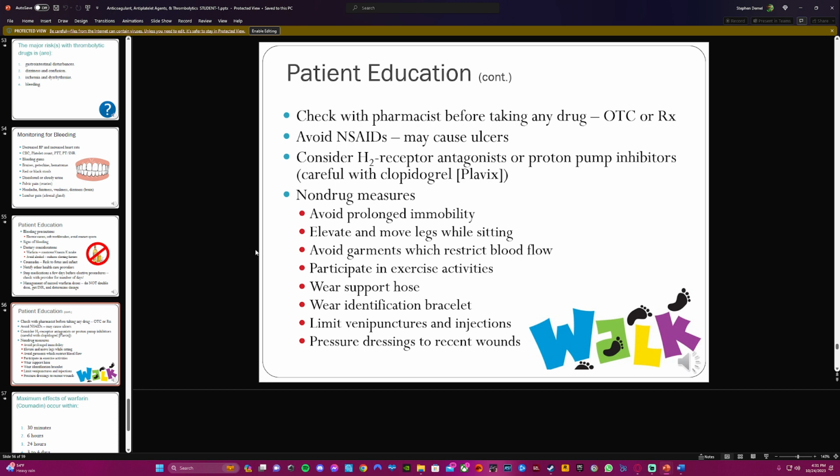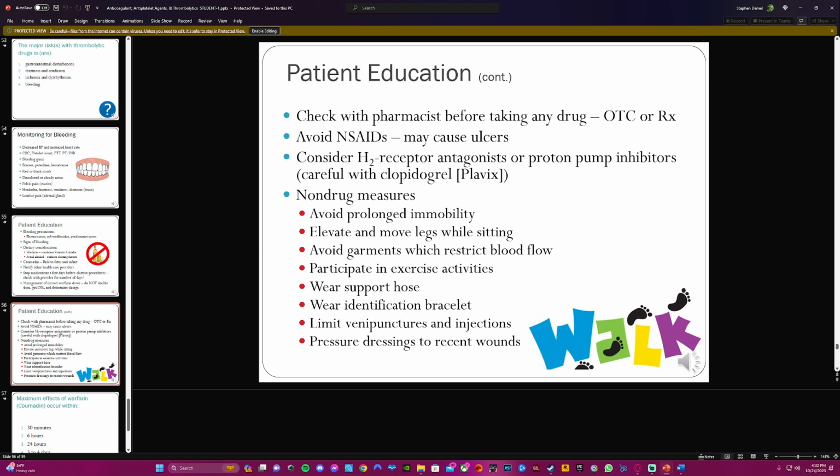You want to check with pharmacists before taking any over-the-counter drugs or new antibiotics. Avoid NSAIDs because they may cause ulcers. Consider H2 receptor antagonists or proton pump inhibitors, but be careful with clopidogrel or Plavix.